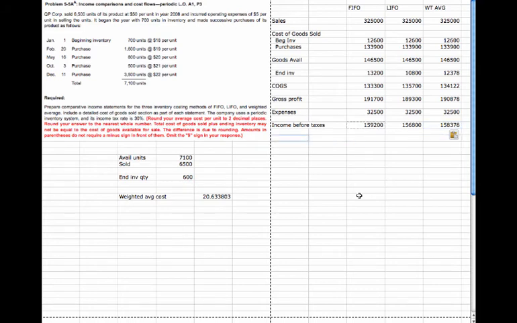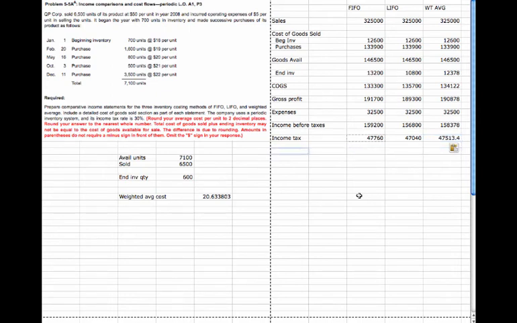Calculate my income tax, which is basically to take my income before taxes times, in this particular case, the problem said 30%. So I'm going to have $47,760 in income tax. And then I'm going to do the same thing for LIFO and weighted average.